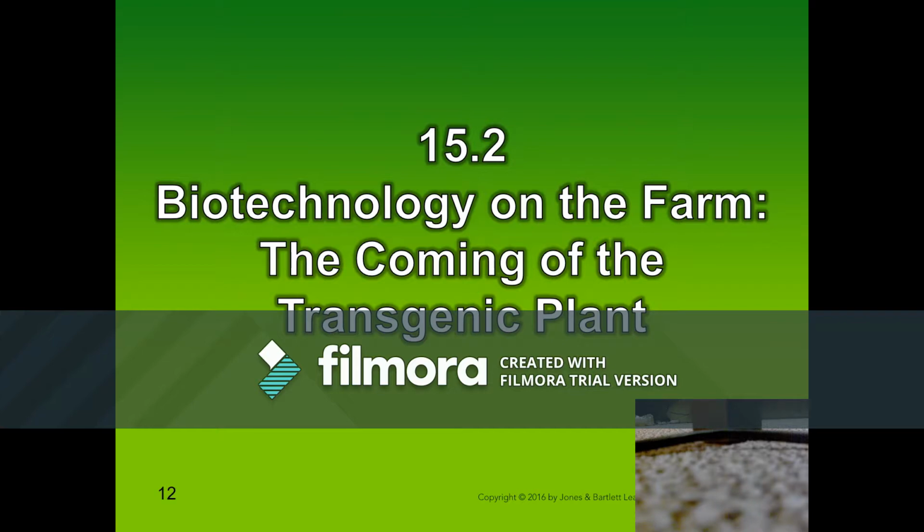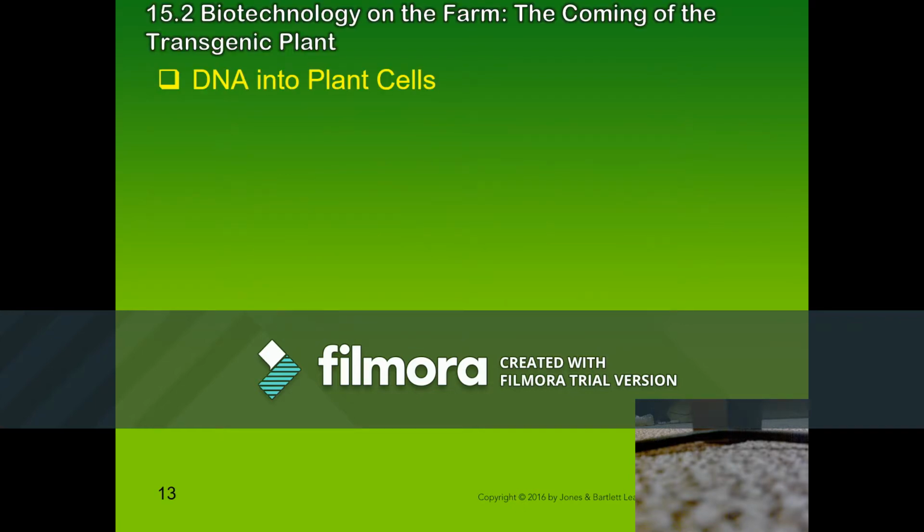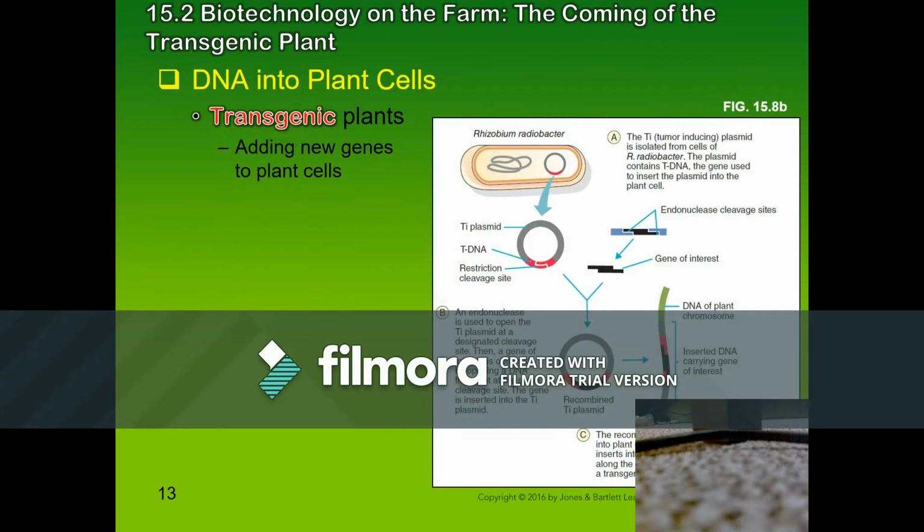Okay, it's no real surprise that biotechnology is coming to farming. So how do we even make transgenic plants? To make a transgenic plant, you're going to have to introduce some new DNA into that plant cell, and in this case we are generally adding a new gene.